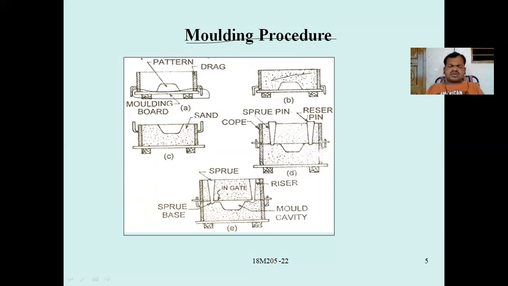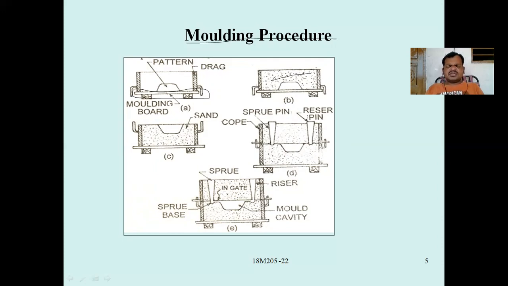On top of the draw box, we have kept the core box. So here, if you are observing, we have two boxes, core box and draw box. At the same time, we have pins that can support the core box and draw box without disturbing their place.